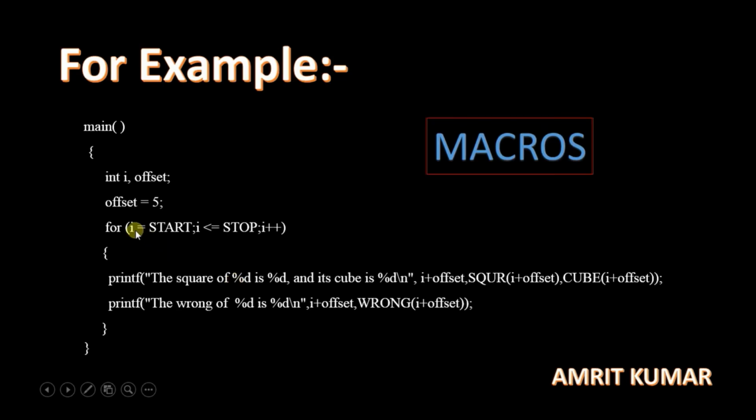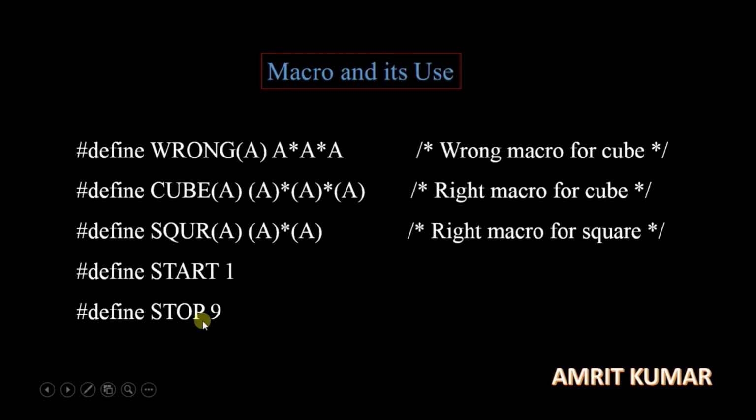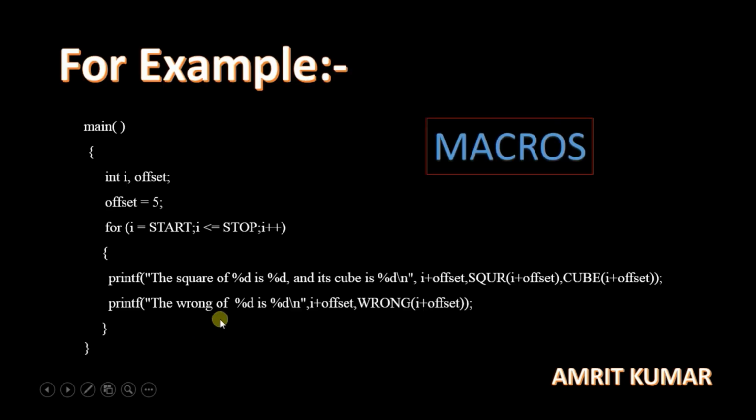Therefore, i is initialized from 1, and it will go up to 9, because STOP is a macro we have defined as 9. This is the main working of the macro: you can define anything with a macro. The loop will go from 1 to 9 until the condition becomes false.